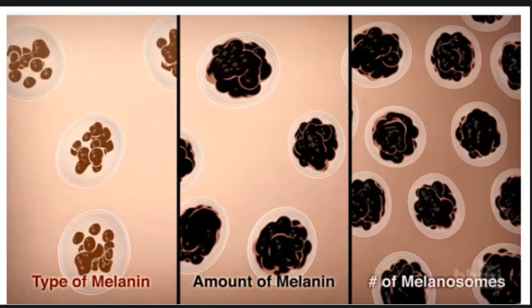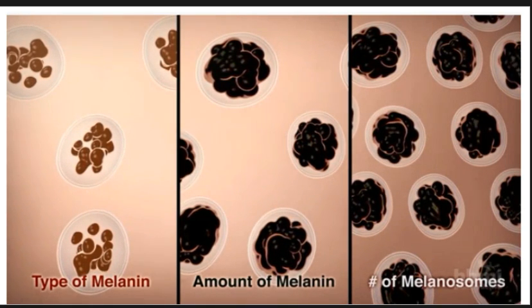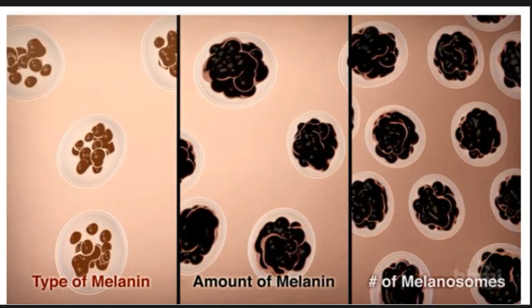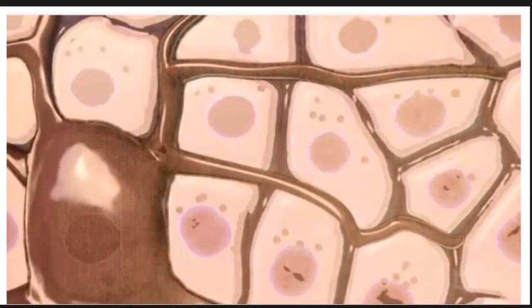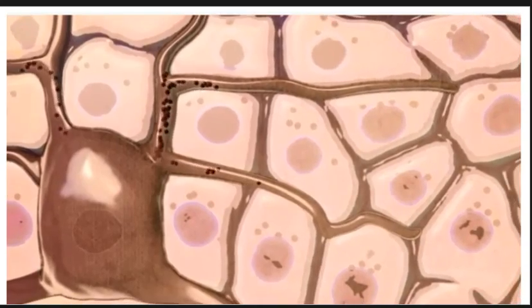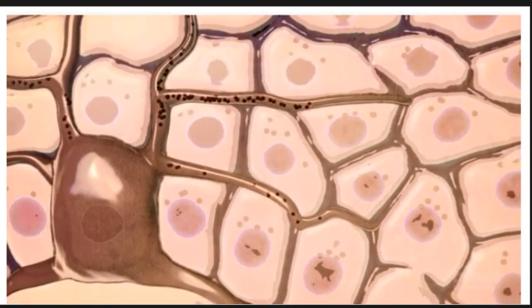Melanosomes are the melanin factories inside melanocytes. But for melanin to do its job, melanosomes need to be transported to the keratinocytes via the melanocytes' long projections.